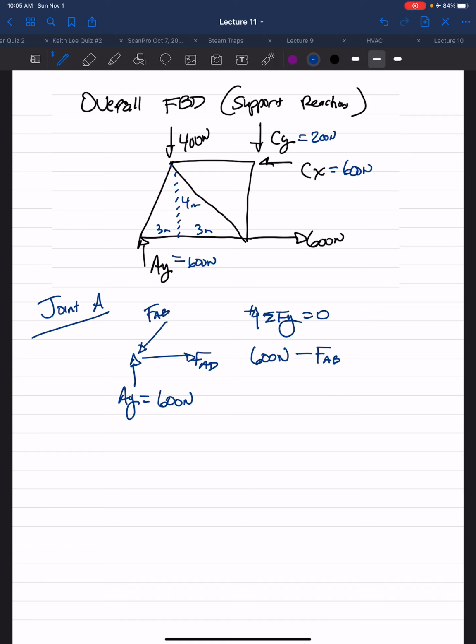Well, then that slope triangle is a 3, 4, it has to be 5. So this is the right triangle. So then the vertical component of FAB would be 4/5. Solve for that, FAB is 750 newtons. FAB is pushing into joint A, so that's compression.